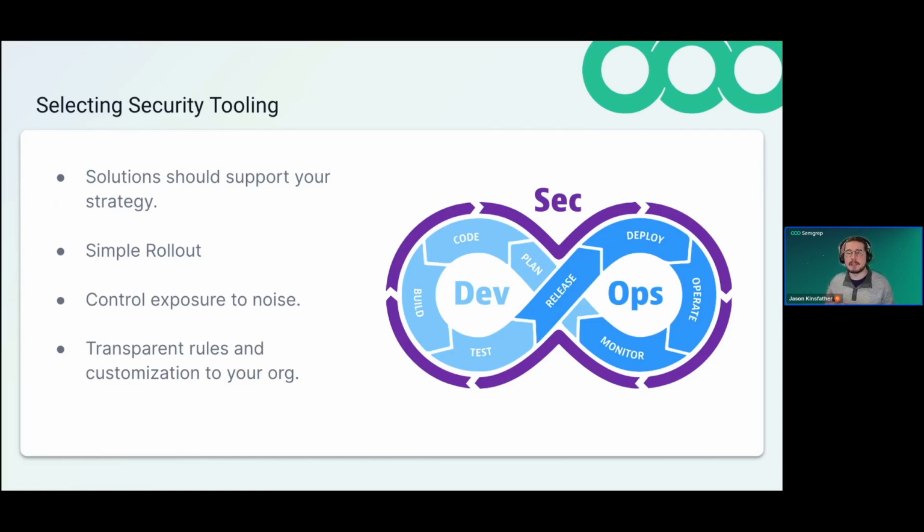And what we believe helps the most with that is transparency. So here at Semgrep, we strive to make it clear what is running when you run a scan. What are those rules? Why do they match? Why do they fail? And then give you easy means to customize things to be more tailored to your org should there be a particular rule that's noisy. And so I'll go into more detail about how we address each of these concerns.